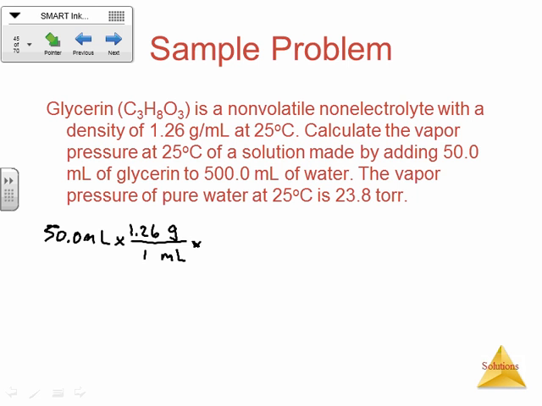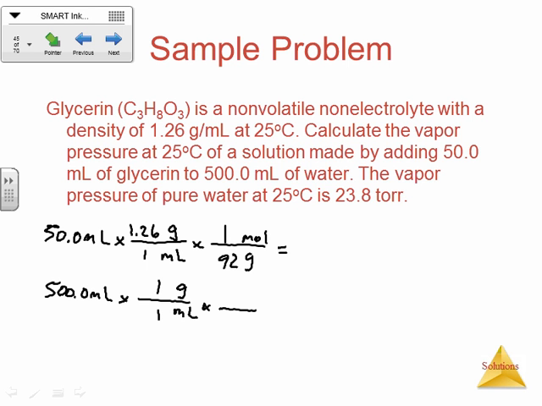1.26. What did I say, 92? Okay. And then 500.0 milliliters of water. And this is 1 gram in 1 milliliter. And there's about 18 grams in 1 mole of water. Okay.